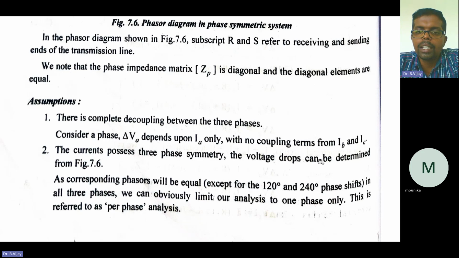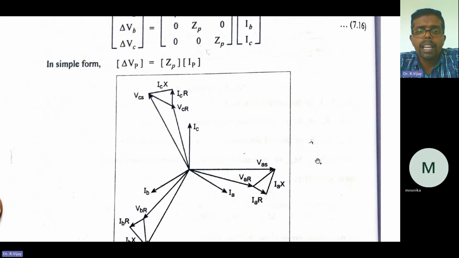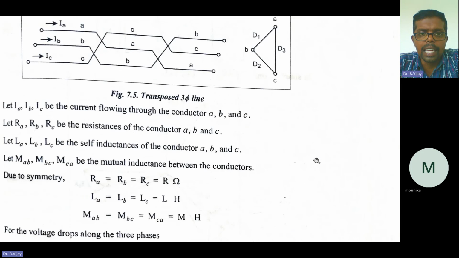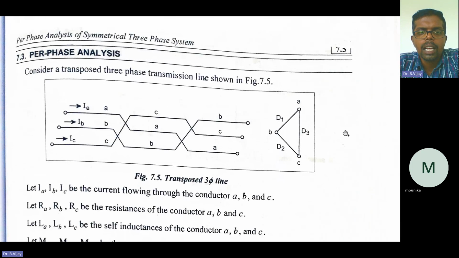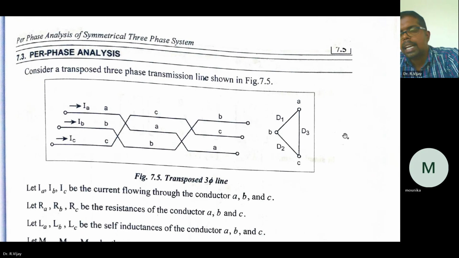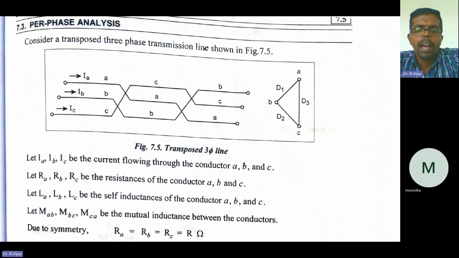You will get this in your subjects, that is, power system analysis, computational methods in power systems, or advanced power system analysis. For all these subjects you will get this kind of question as a 2-mark question on per phase analysis. Sometimes in 5 marks also: derive the per phase analysis of a transposed three-phase transmission line, or derive the per phase analysis of a three-phase line.